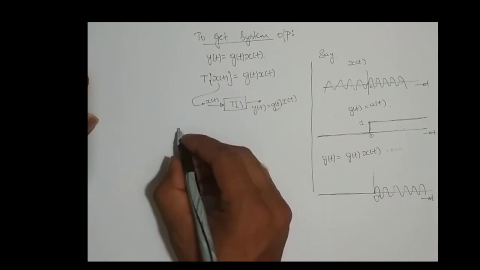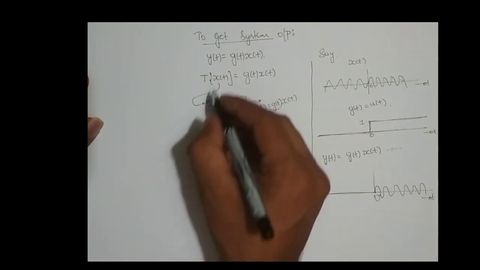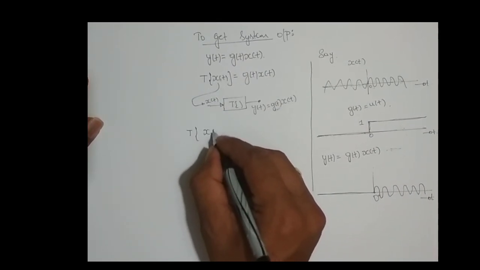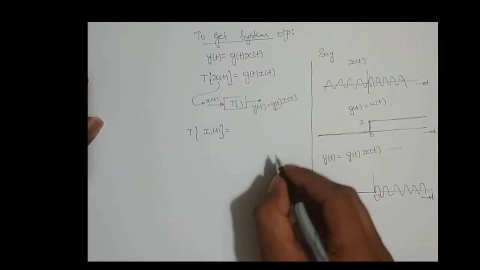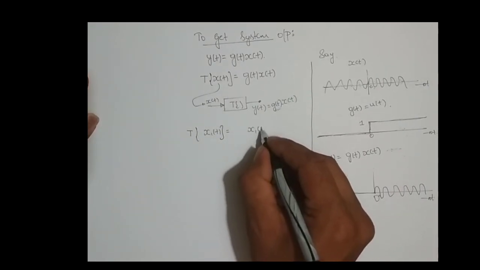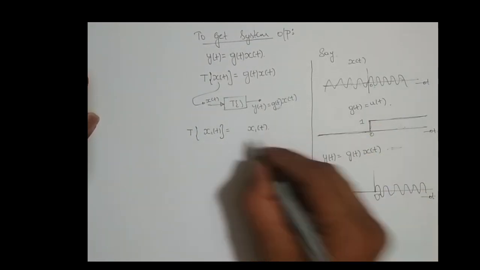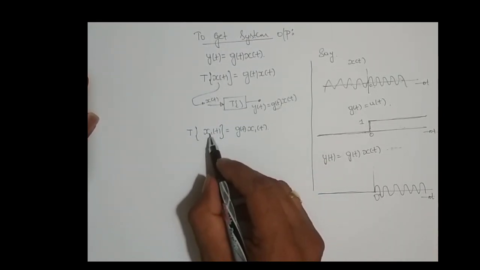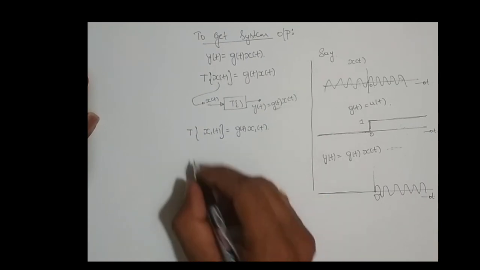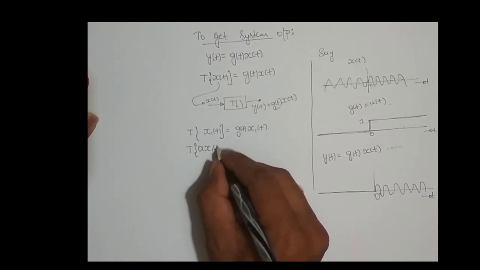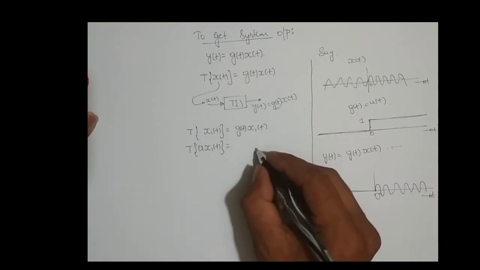Okay, now if instead of feeding x of t, I feed x1 of t to the system, what is the output? Whatever signal I feed, g of t is getting multiplied, right? So if I feed x1 of t, for x1 of t, g of t is getting multiplied. Now if I feed a scaled version of x1 of t, what is the system doing?